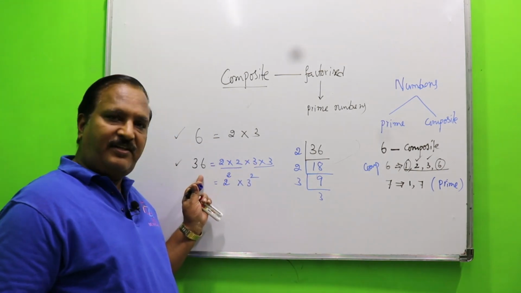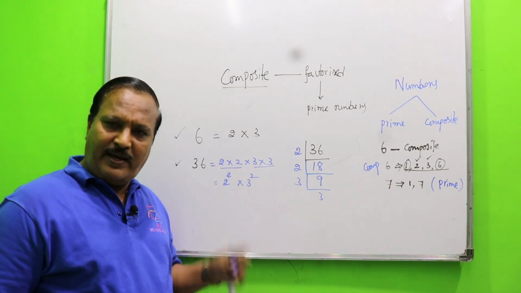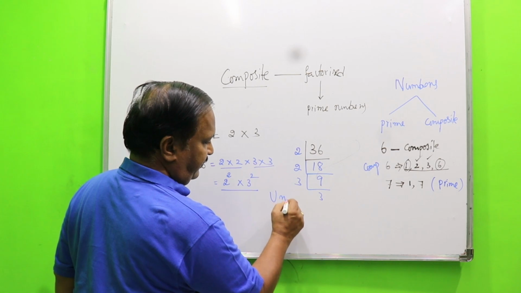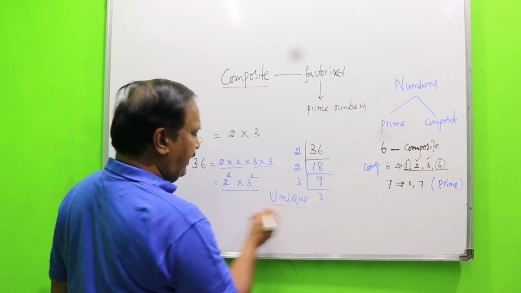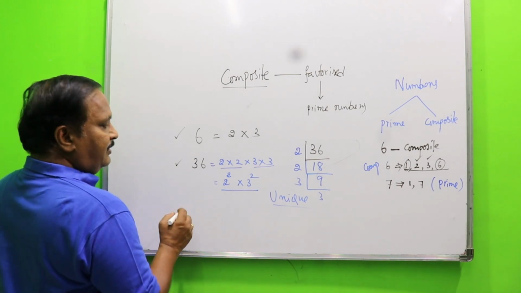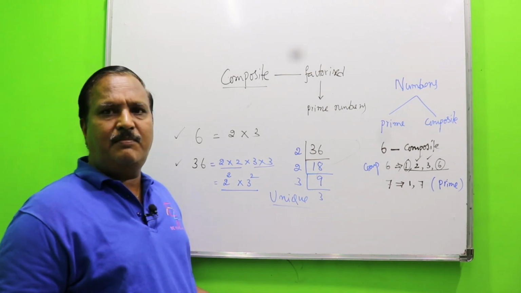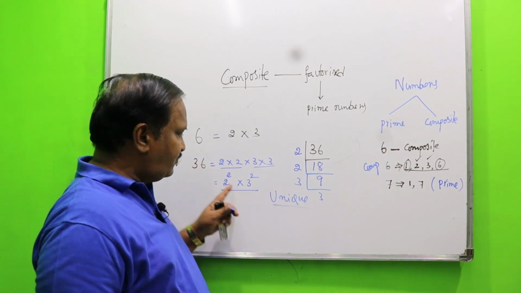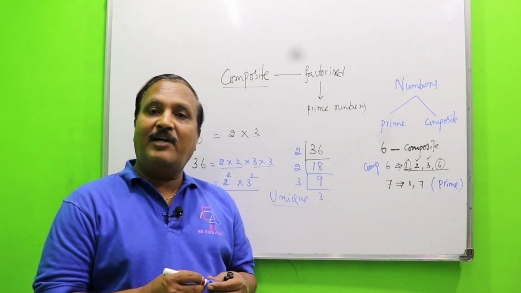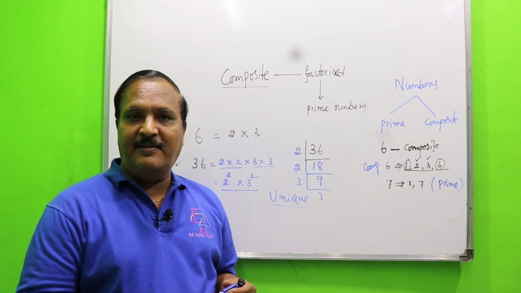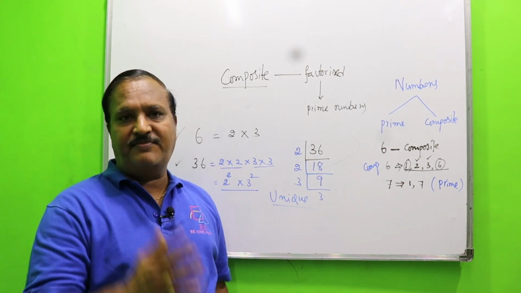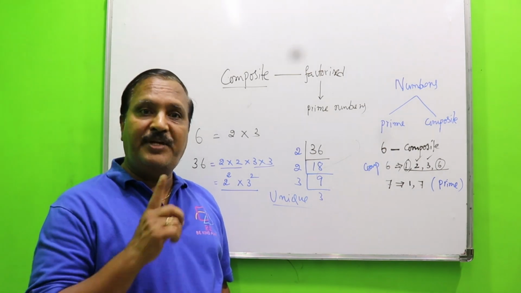You do the prime factorization of 36 in any manner, and it will be unique. Maybe the order of the numbers is different, but whatever method you follow, the factorization is unique. This is the fundamental theorem of arithmetic: every composite number can be expressed as a product of prime factors in a unique way.